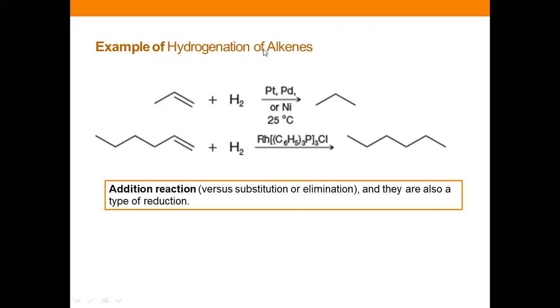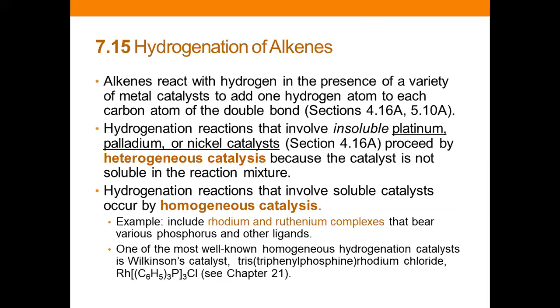So in the hydrogenation of alkenes, we have our reactants, your hydrogen in the presence of metal catalysts like platinum, palladium, nickel, usually at high temperature and high pressure.